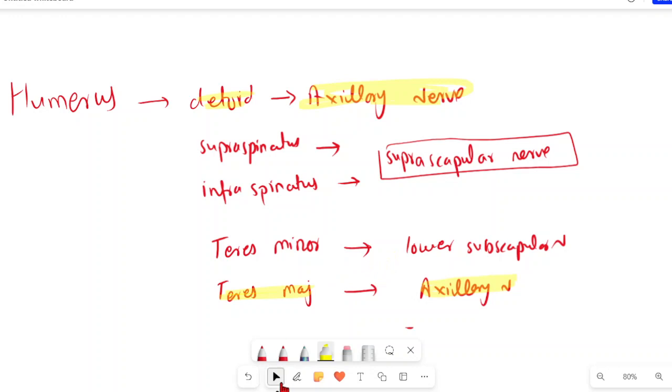Now the other muscle is the subscapularis muscle.